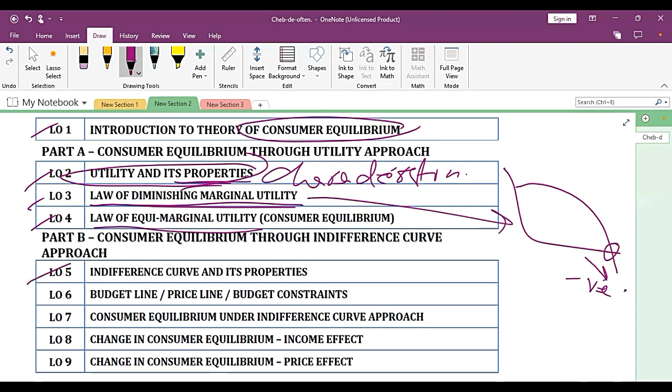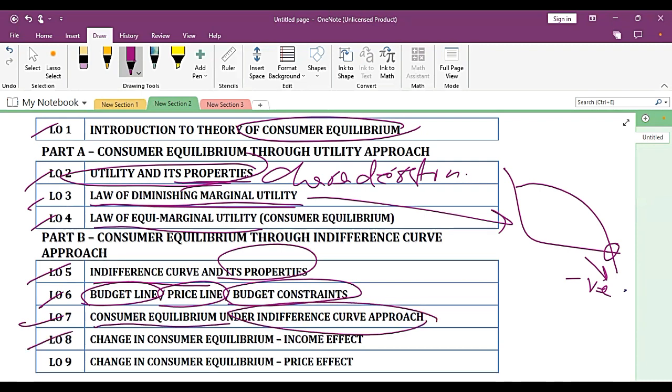Fifth one will be the indifference curve and its properties. Sixth is the budget line, price line, or the budget constraints. All three names are used in place of each other. Seventh one will be the consumer equilibrium under the indifference curve approach. Then change in consumer equilibrium will be studied through income effects.